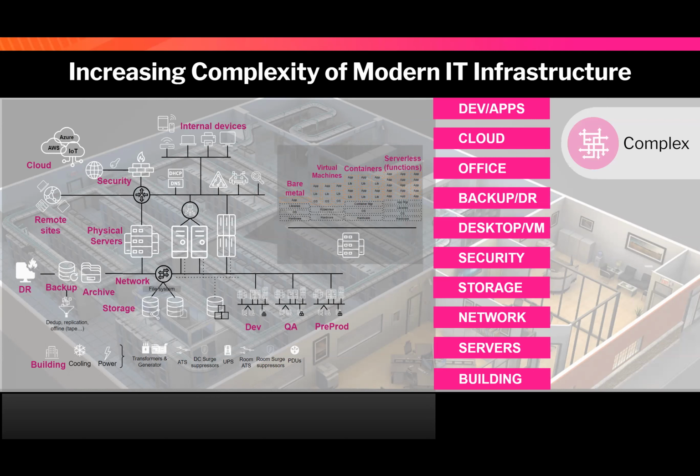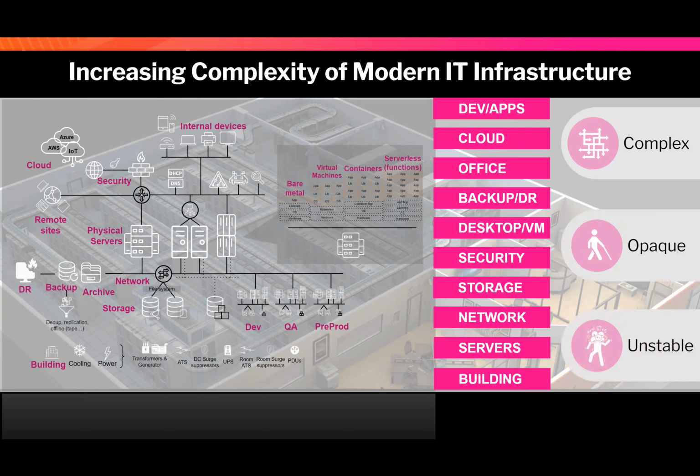So definitely, this will add more complexity and opaqueness to the visibility of the environment, and it usually causes service degradation. So this is what you usually see as a challenge in any of the organizations globally.